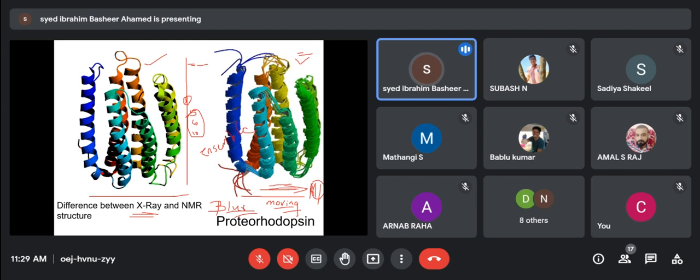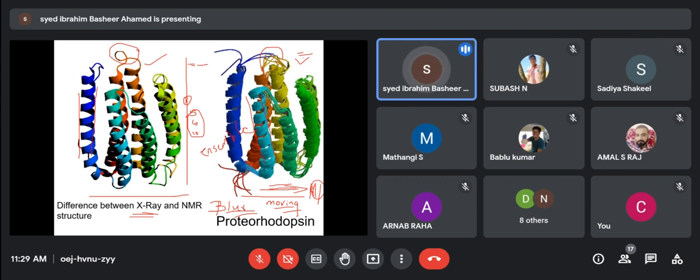That's why in the ensemble you will see the movement of the loop region and the movement of the secondary structure elements. Whereas in X-ray, everything will be in a fixed position. You will see the loop only in this conformation.